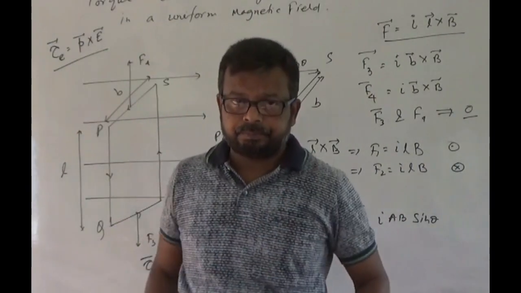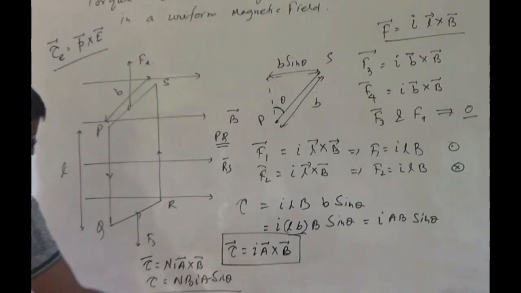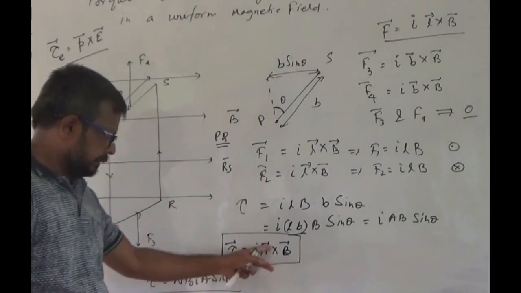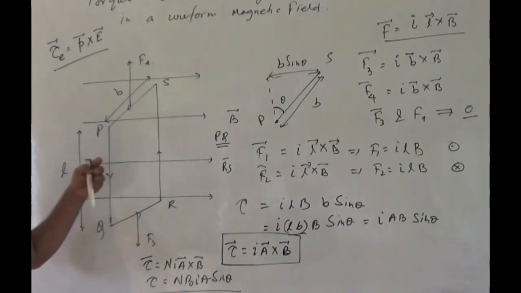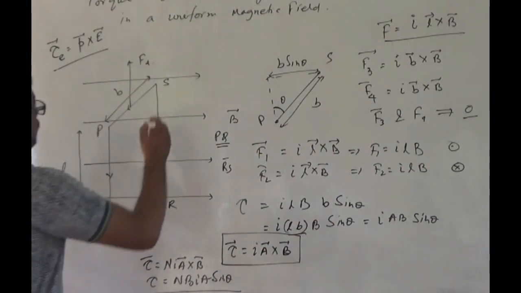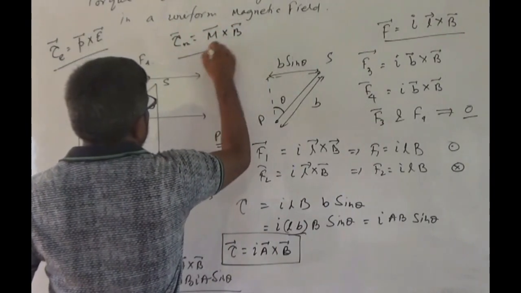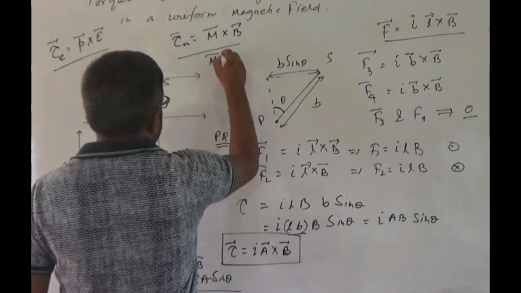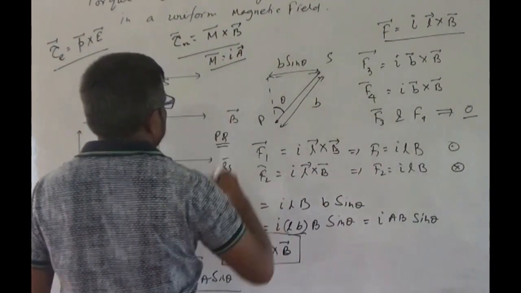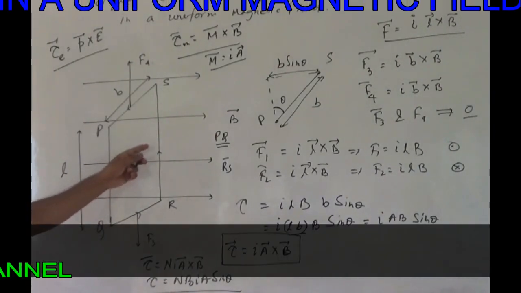Now compare these two expressions. Tau is P cross E and tau is I A cross B. If we replace this term I A by capital M, which is the dipole moment of this loop, then this expression is analogous to the other expression, where capital M, equal to I into A, can be defined as the magnetic moment of this current carrying loop.